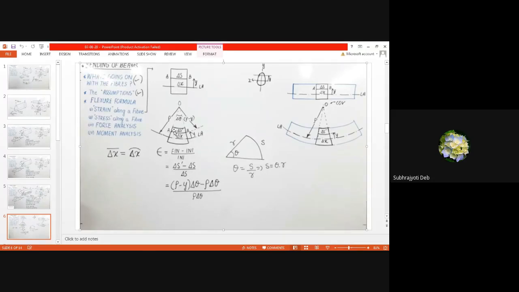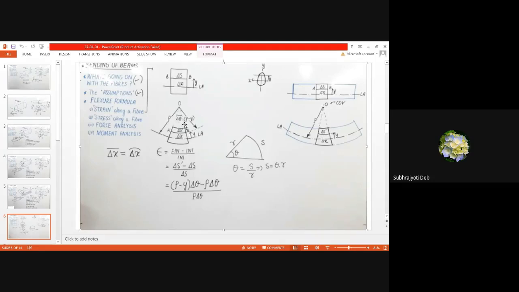If you extend this line from A to O, and from B to O, you will find this angle is del theta. And this length from O to del x is rho. So what will be this length OB?